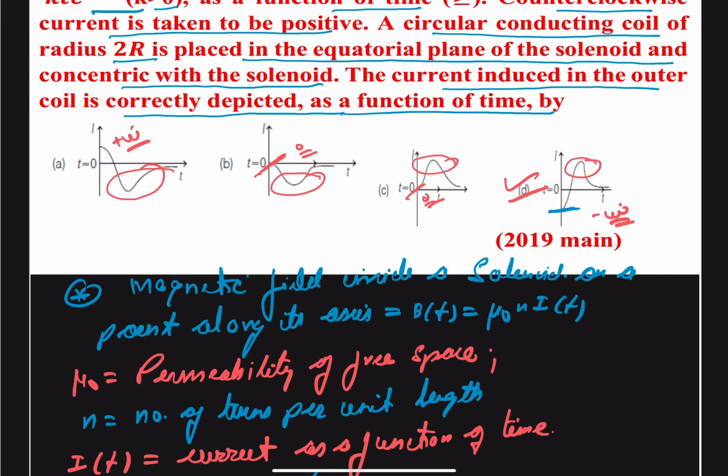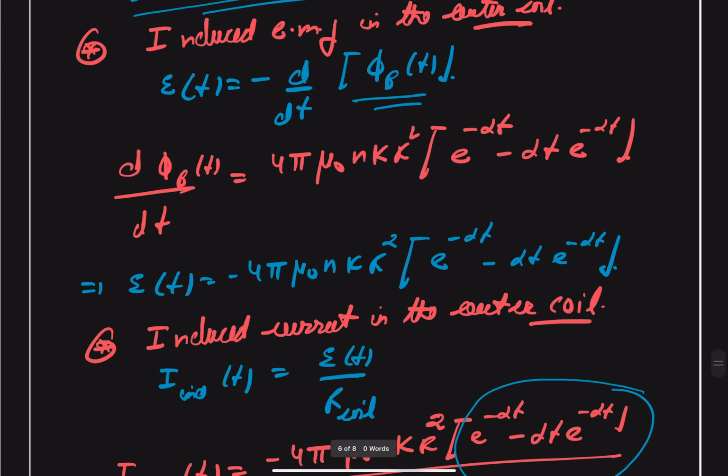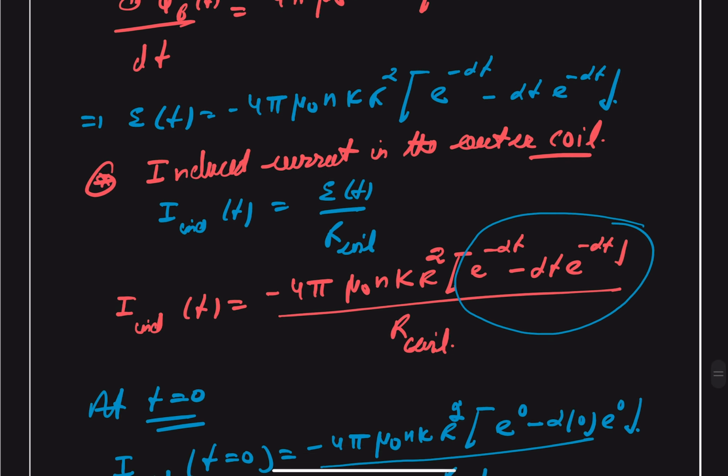And in the induced expression, we see e raised power minus alpha t minus alpha t e raised power minus alpha t. So at some point it is going to increase, and then it will once again start to decrease.